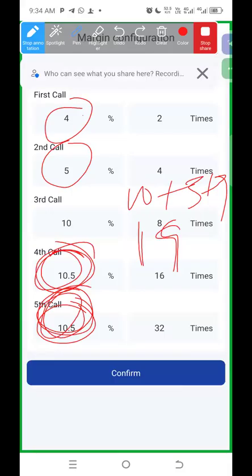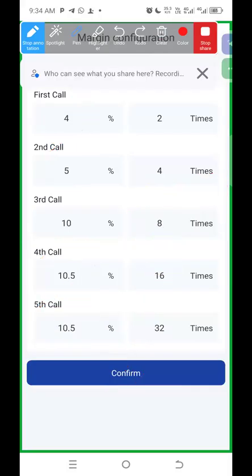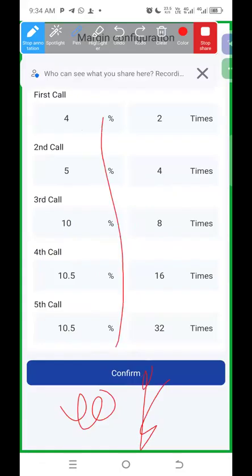You must follow the dip zone, either on long or on short. So whatever you are doing, you are just trusting the process to ensure that your 40 calls have been arranged. If we add everything, that is 40. So we have a 40 call drop here.